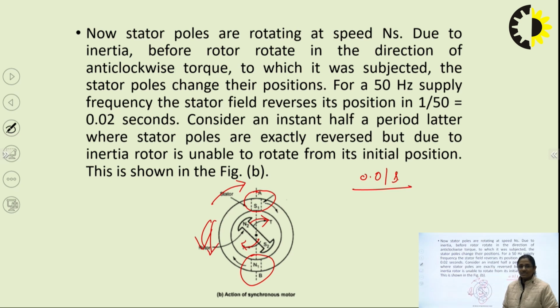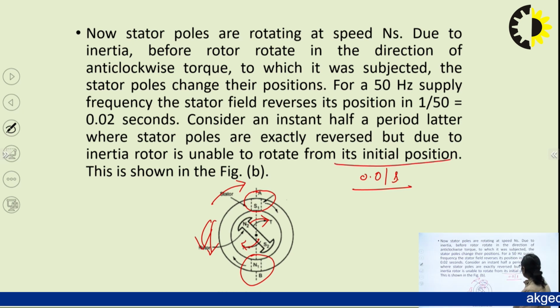This process is repeated again and again after every half cycle, right? So, what actually happens? The rotor cannot respond to torque development in any direction because of this reversal of polarity, because of this continuous variation in the polarity of the field produced by the stator, and because of this, the rotor cannot rotate from its initial position of rest.